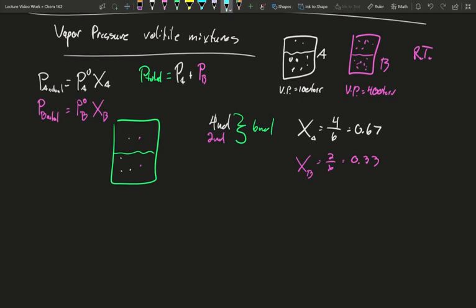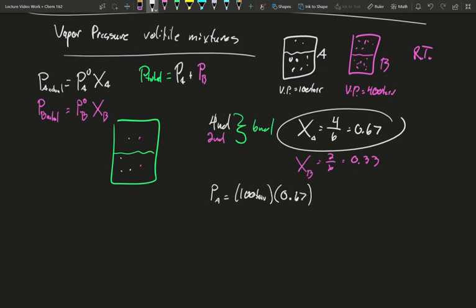Well, let's calculate. For A, that normally would be 100 torr, but it's only got 2/3 of its mole fraction, so it's blocked. Some of the attempts for compound A to escape aren't compound A, and so they don't have compound A escape. And so in reality, we only get 67% of them to escape, which means the real pressure becomes 67 torr.